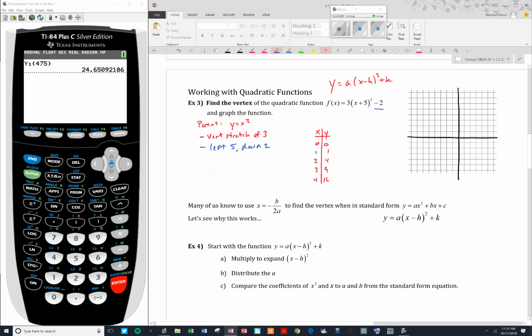So I'm going to write that as well here, that's our vertex. -5, -2, and we basically use that a value of 3, and we changed our table to reflect what the stretch is going to do to it by multiplying all the y values by 3. So our x values would stay the same. We're going to multiply our y values by 3. So I'm really not going to get many of these on there. What's 16 times 3? 48. There we go.